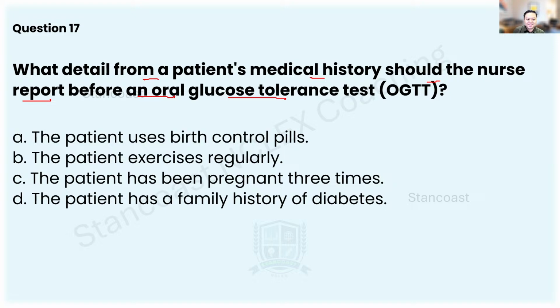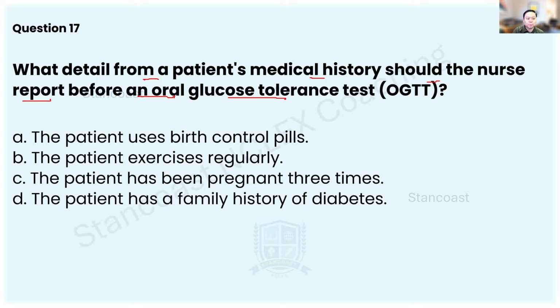All right, guys, if you answered letter D, the patient has a family history of diabetes. Yeah, a family history can indicate their risk of developing diabetes, but it does not really impact the oral glucose tolerance test validity. It does not. All right. It can place them at a higher risk.